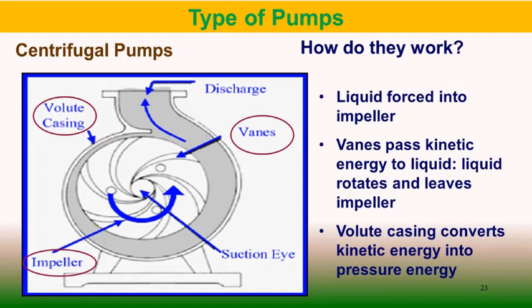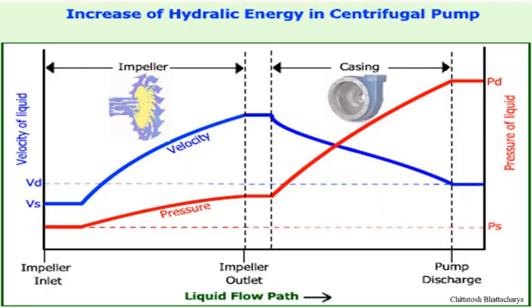Liquid rotates and leaves the impeller, and due to the movement through the volute casing, the kinetic energy inside the liquid is converted into two heads. Pressure is increasing and velocity is also increasing. However, the increase in pressure is more than the velocity. The energy input in the impeller is getting converted into velocity head and pressure head.